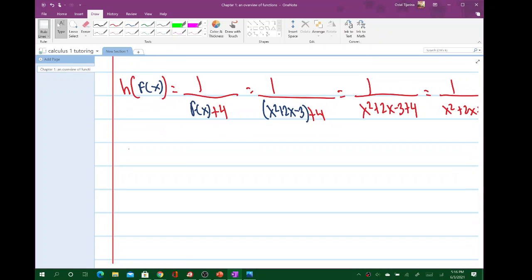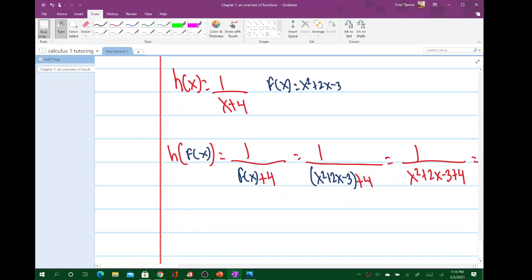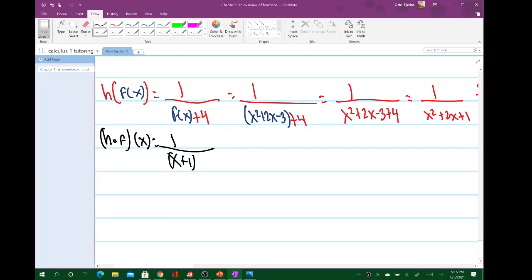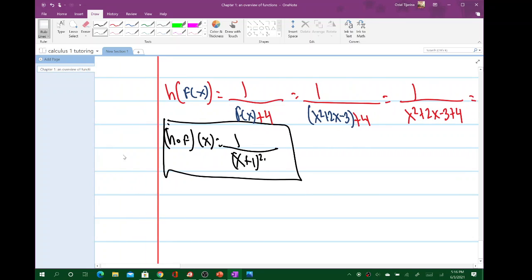So that means h composed with f of x equals 1 over x plus 1 squared. All right.